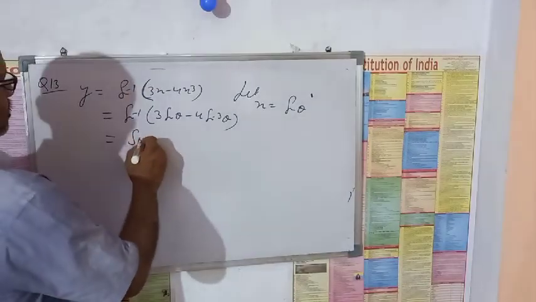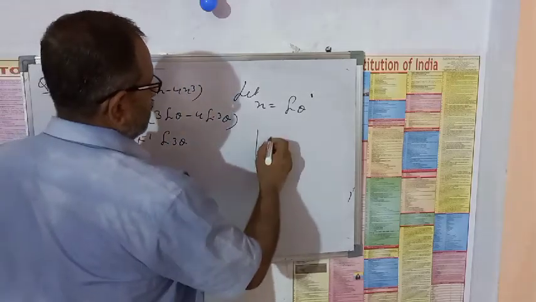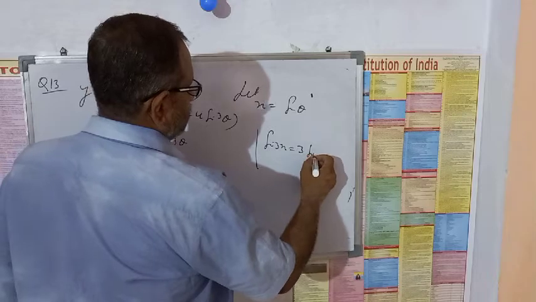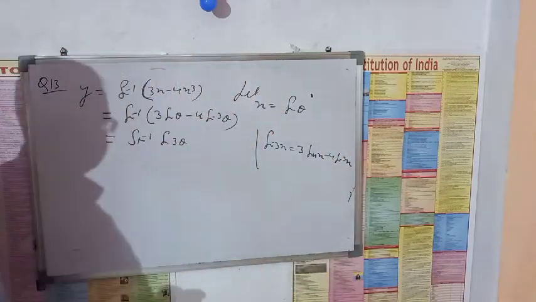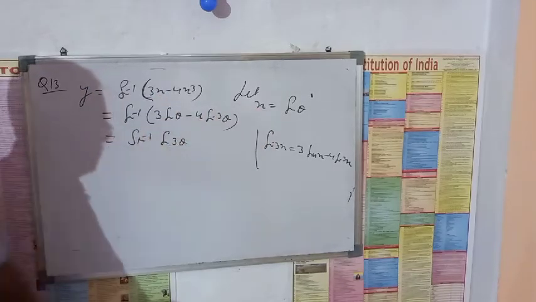So write it sine 3 theta. We know that sine 3x is equal to 3 sine x minus 4 sine cube x. That's why we have put here x is equal to sine theta.